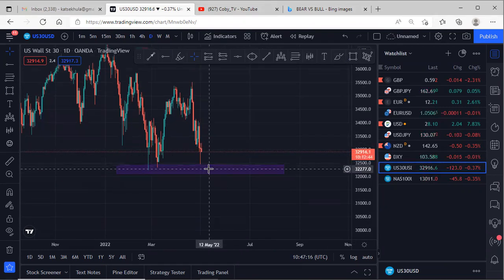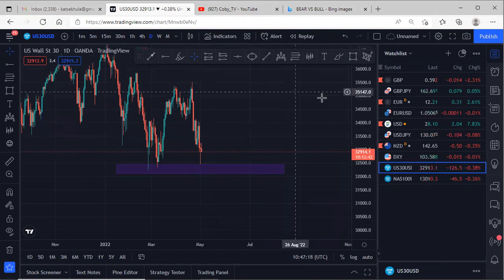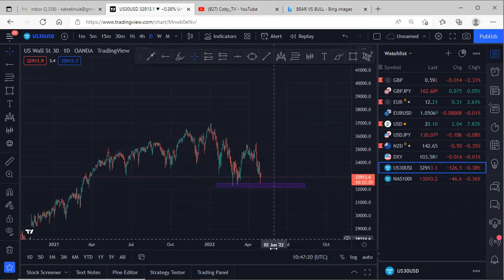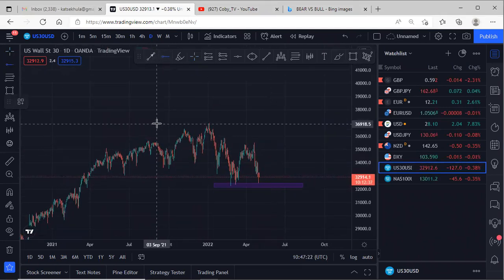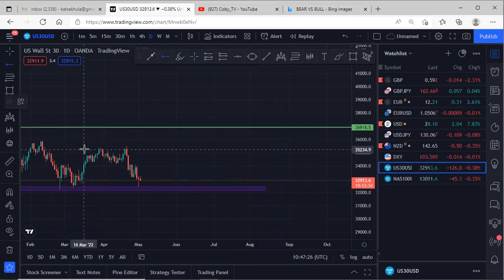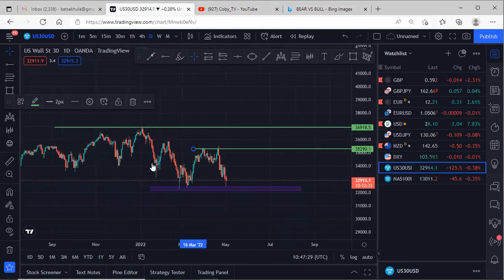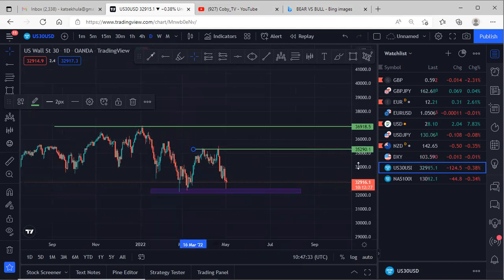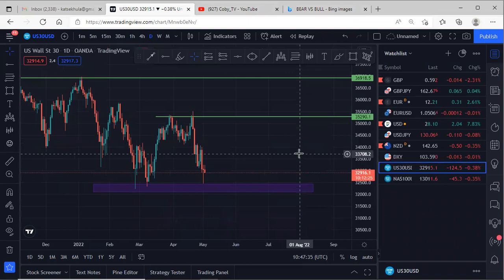It might be coming back down again to test it for the last time, but we'll see. We also have this high, and this double top high right here. These are the key areas, and this area and this area are basically the same areas.